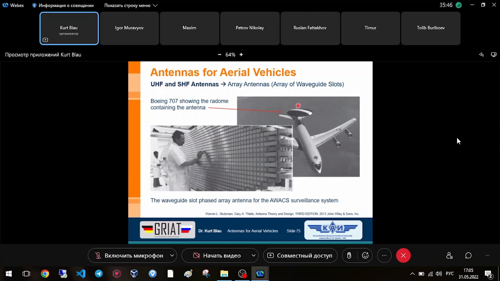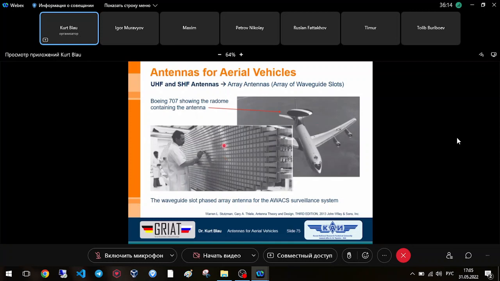Inside this radome, such a very large antenna is installed, and you can see here that the antenna is turnable a full 360 degrees, so the antenna can look around the complete hemisphere where the aircraft is flying.